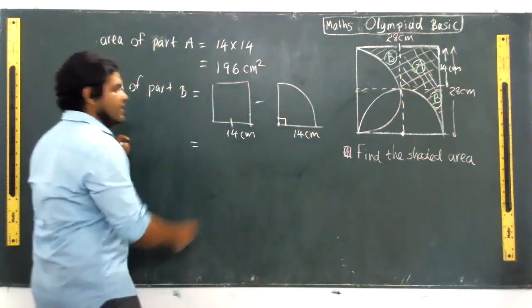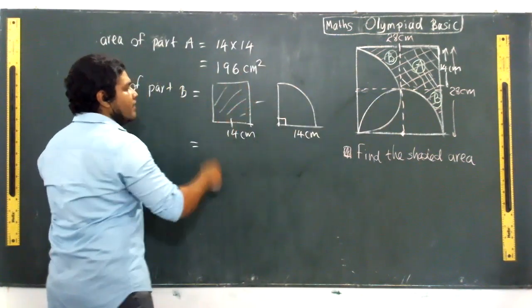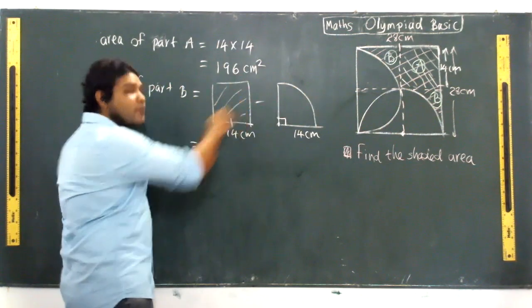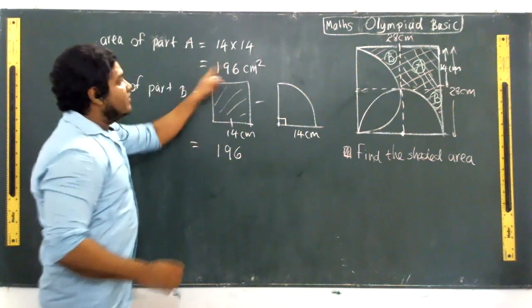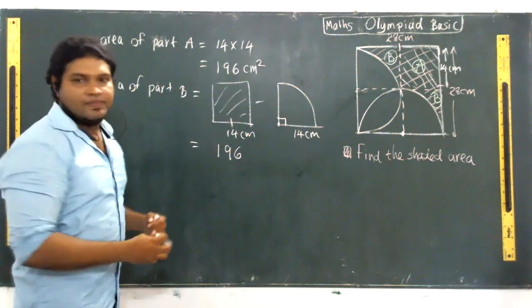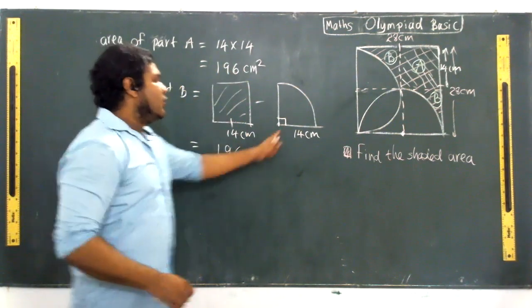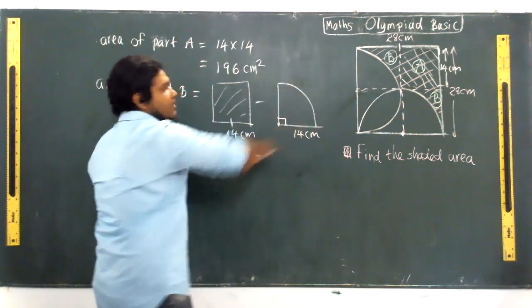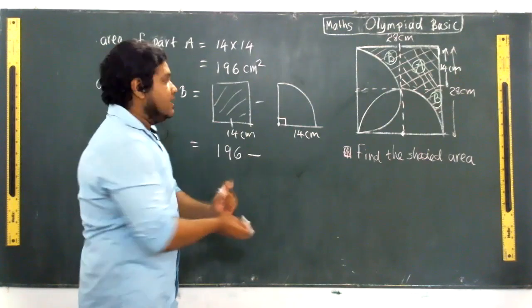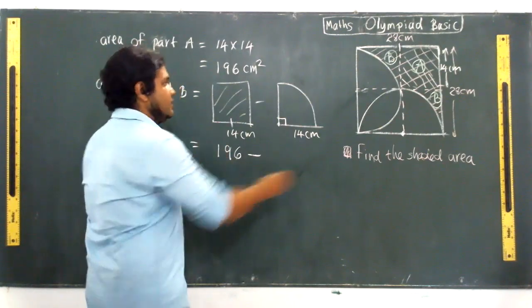To find the part B area, you have to again use the square. The area of the square is 14 times 14, which is 196, as we got previously, so no need to show those steps. But minus the area of a sector. This is a quarter of a circle.